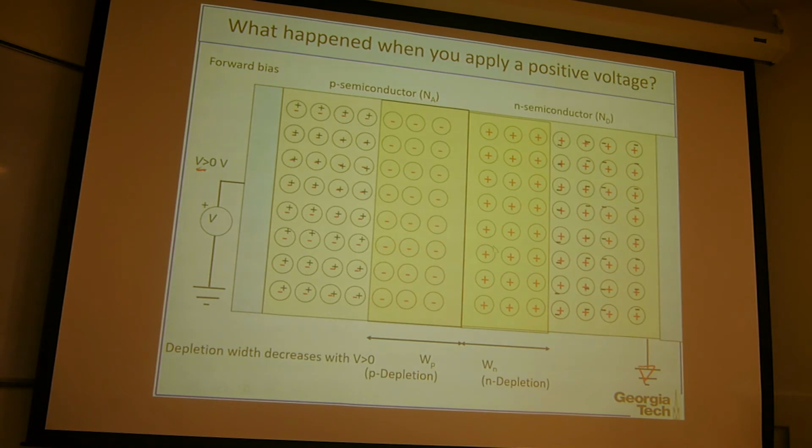So what will happen here? You apply an external voltage. That means you have external current flow. So from the ground side, the electrons will be injected into the device from the electrode. The electrons will move basically from here and then travel to here and here and here.